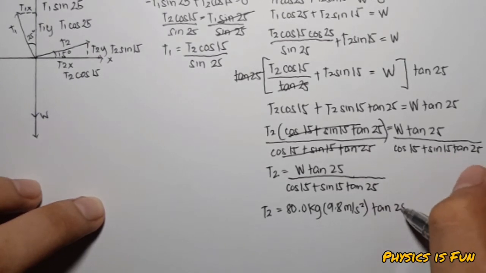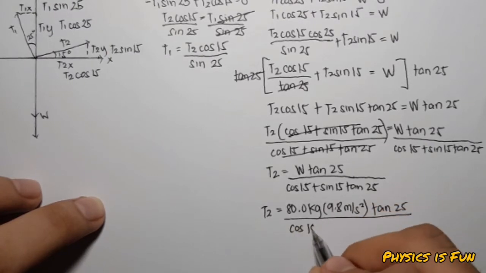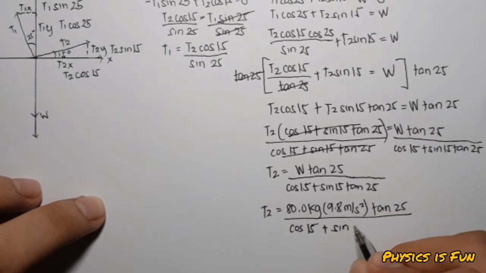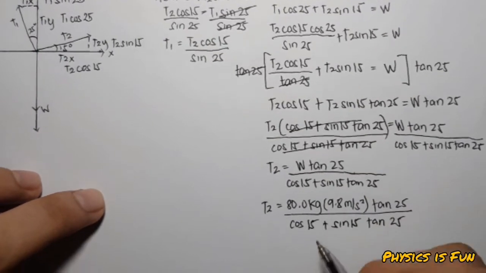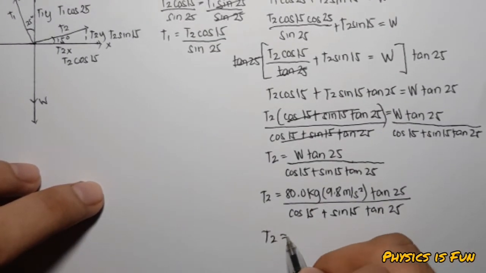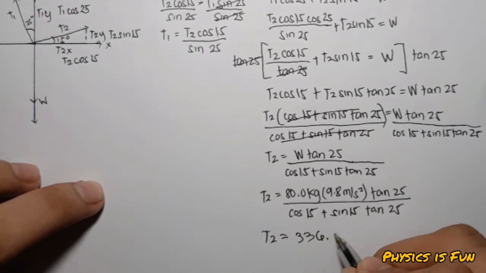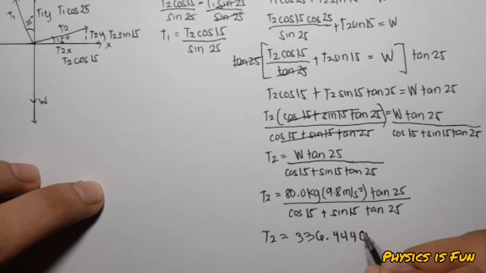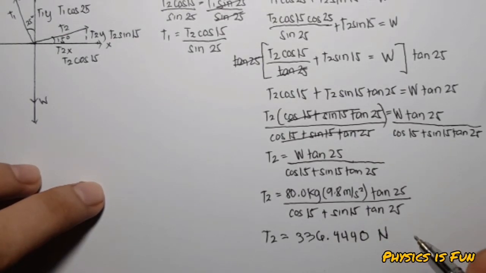Tangent 25 all over cosine 15 plus sine 15 tangent 25. And if we solve that, it will give us an answer of 336.4440 newtons. Don't forget, for tension or force, our label will be newtons.